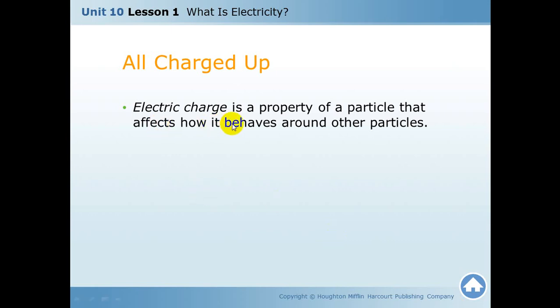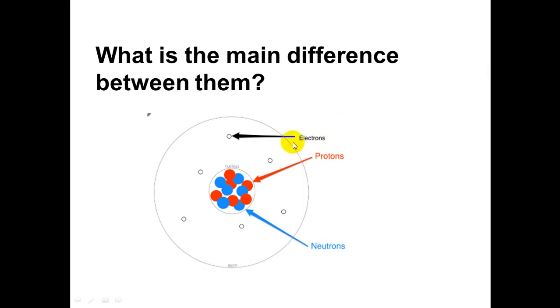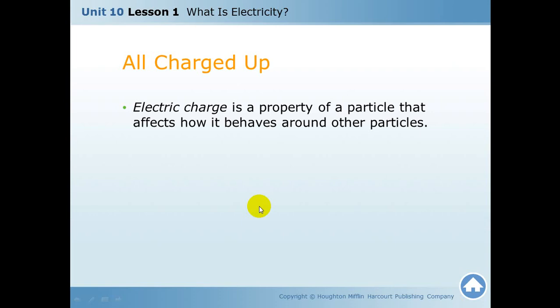What is this electric charge? It's the property of a particle that affects how the particle behaves around other particles.